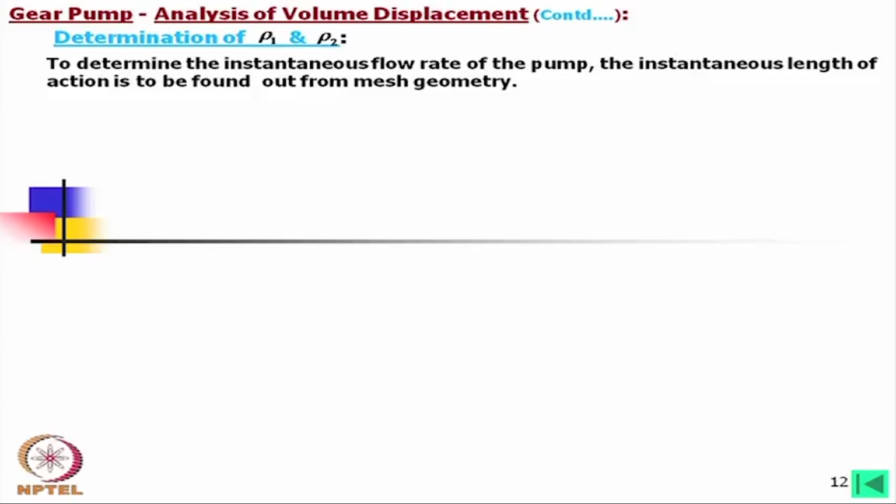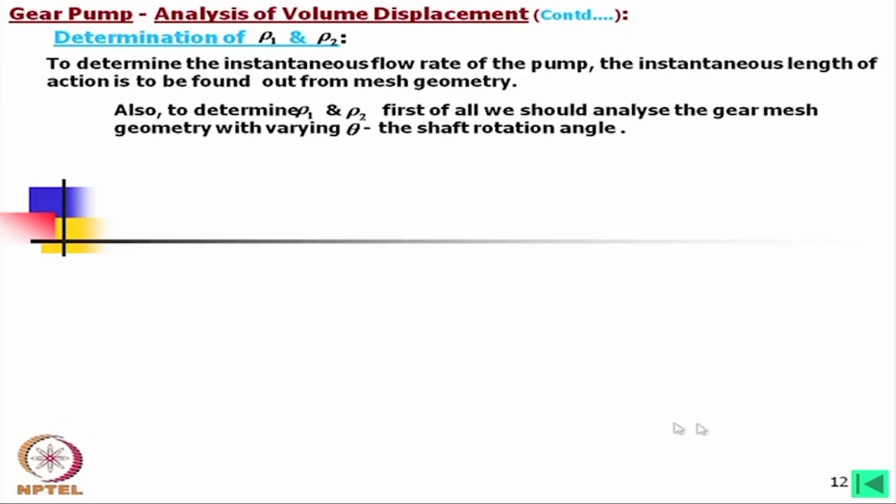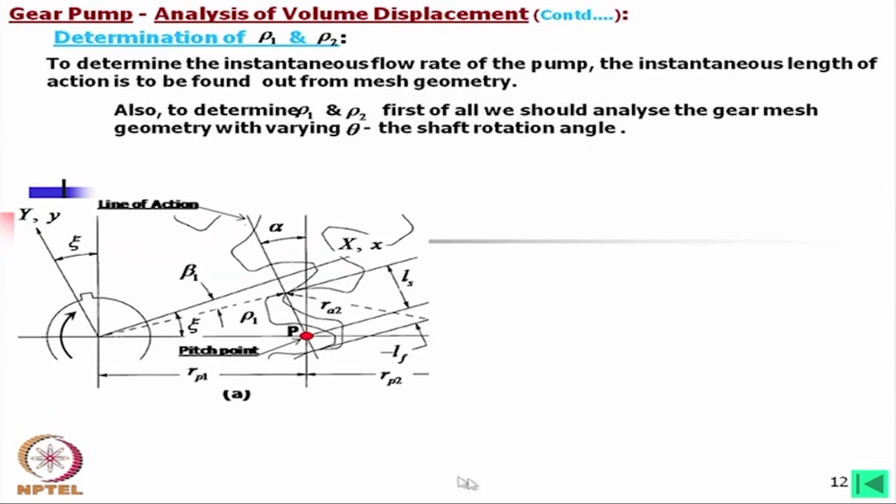That means, if you go back to this figure, we have to find the instantaneous length of contact, from the pitch point to the actual point of contact. We must know that length. Also, we have to find rho 1 and rho 2, and then it will become very easy to estimate this flow rate. Now, we consider the geometry of these gears.